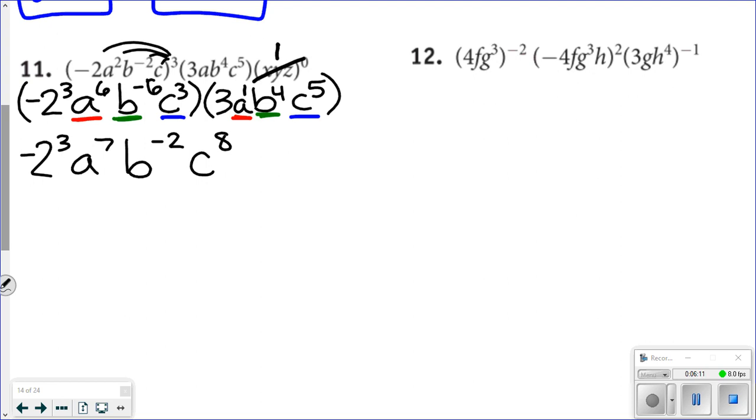And then, what am I missing? I crossed out everything I've done or used. Don't forget about 3. Now, can I leave my answer like this?